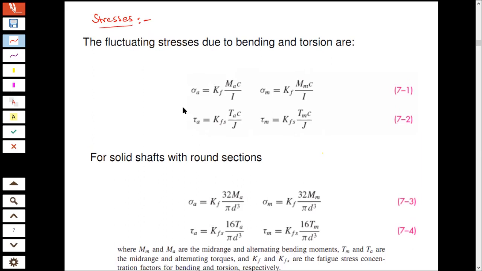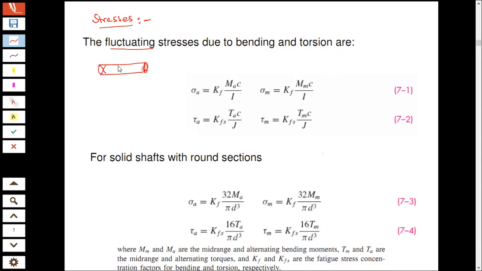Shafts have fluctuating stresses, means that sometimes they go up, sometimes they go down. So this means that there are loads that are cyclic in nature. And if we look at a shaft, the two main stresses or the dominant stresses that we have in shafts, what do you think those are?